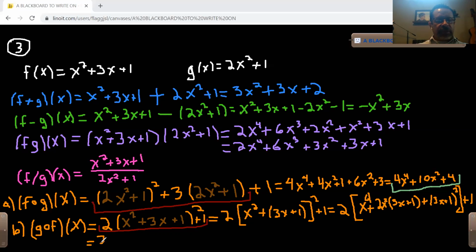Since we've got enough space and to generate less confusion, I'm going to first do the interior part. So this would be x to the 4. 2x squared, it's 2 times 3 is 6x squared times x is going to be 6x to the 3. 2x squared times 1 is going to be 2x squared.